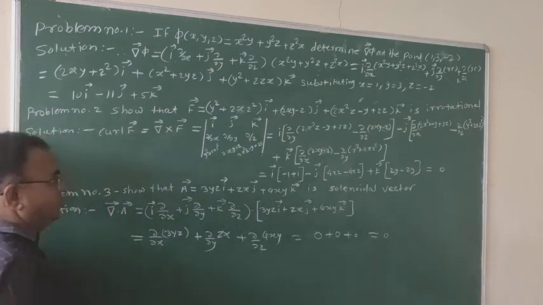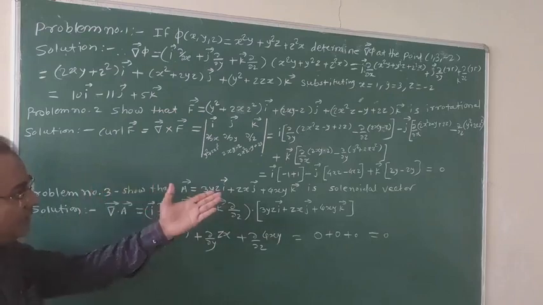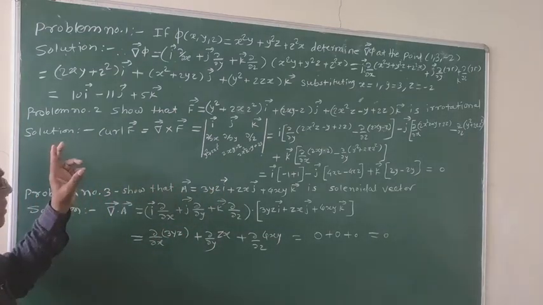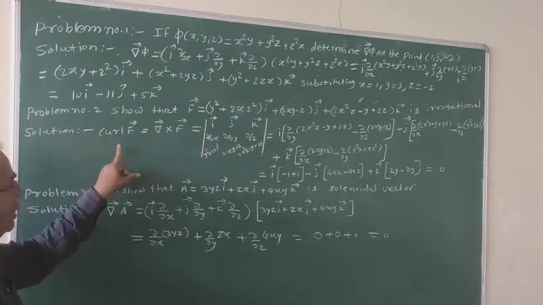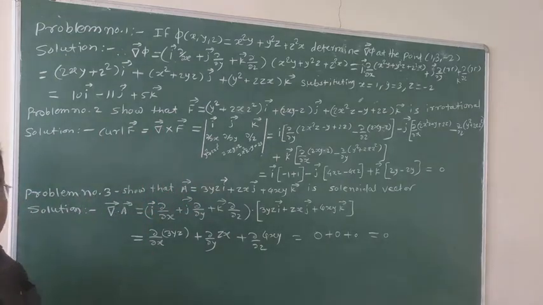As we want to show that the given vector is irrotational, we use the definition of an irrotational vector: the vector for which the curl is 0 is known as an irrotational vector, which we discussed in the last video lecture.